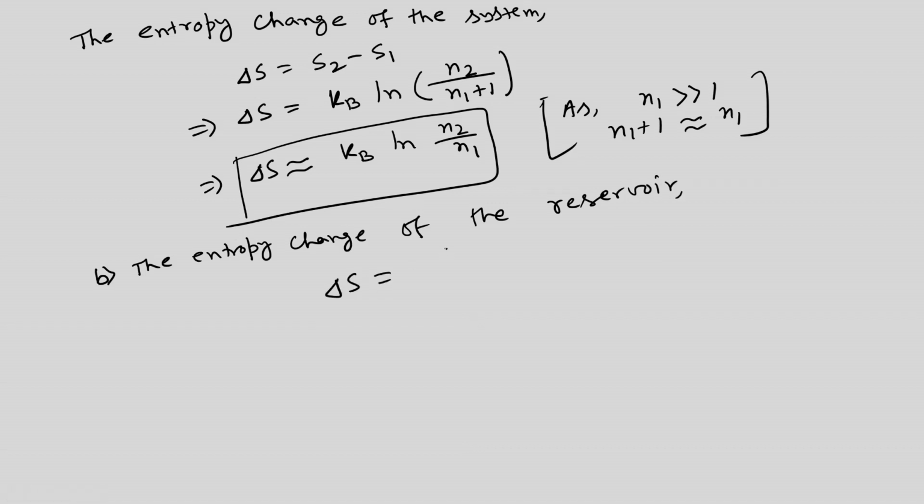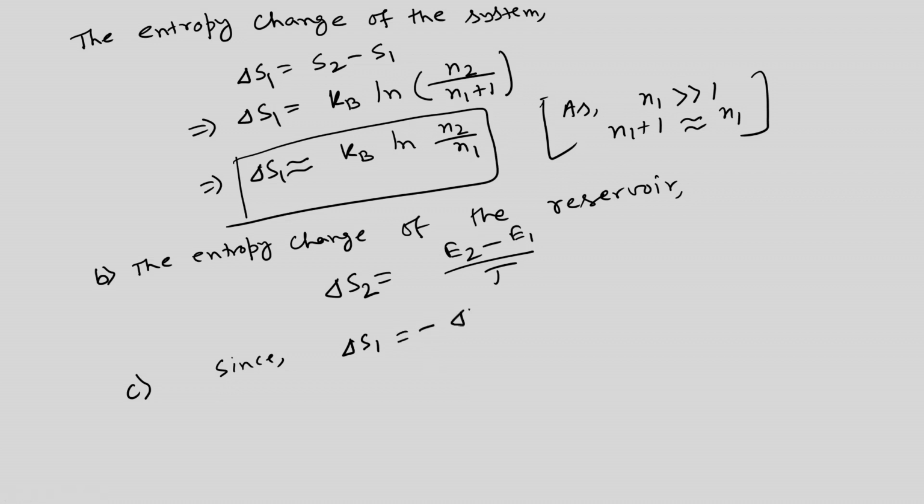We said delta S is E2 minus E1 by T. So if we say delta S1 is the entropy change of the system and delta S2 is the entropy change of the reservoir, then delta S1 equals minus delta S2.